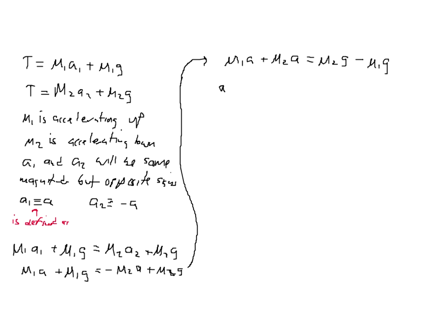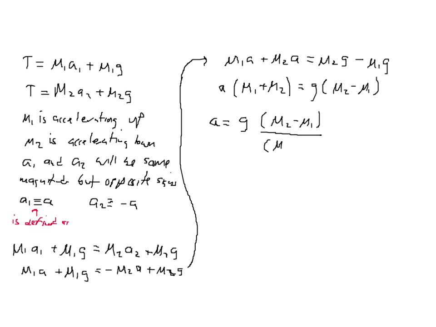So factor out the A and factor out the G. So A equals G, and then this weird fraction, M2 minus M1 over M2 plus M1.